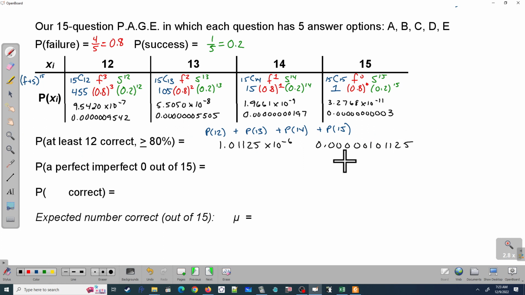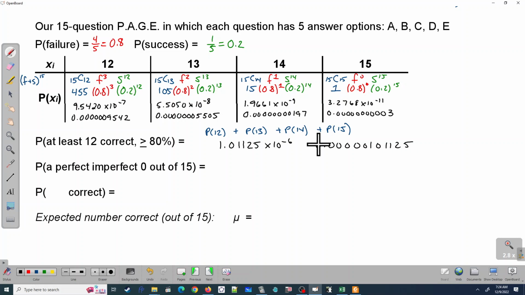And in this particular case, tens, hundreds, thousands, 10,000s, 100,000, 1 millionth, which is actually mostly coming from the 12 exactly right. But I am actually now over a 1 in 1 million chance of getting at least 12 out of 15 right. Ooh, I feel so much better.